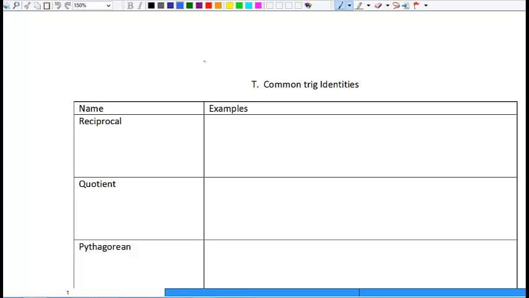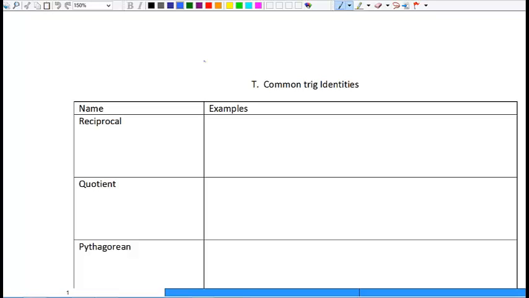Okay, so that said, the way I kind of mapped out this section is let's just see how good you are. Let's see what you remember, and then I'll post up a chart with all the identities in it. So take a minute and see if you remember the reciprocal, quotient, Pythagorean, all the different identities that were out there. When you're ready, go ahead and press play again, and I'll put up a chart emphasizing all of these different identities.